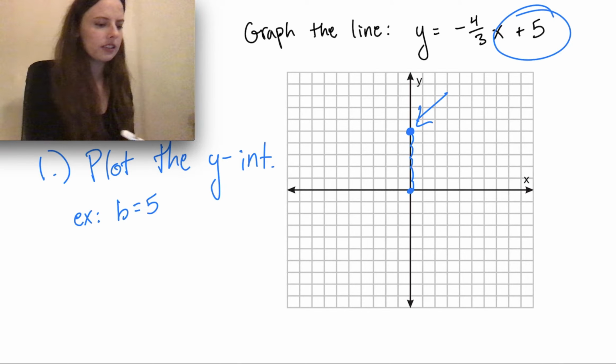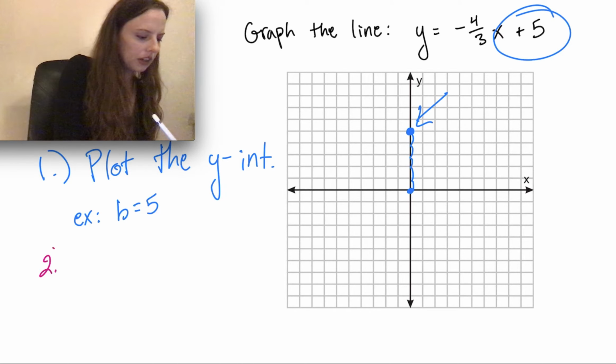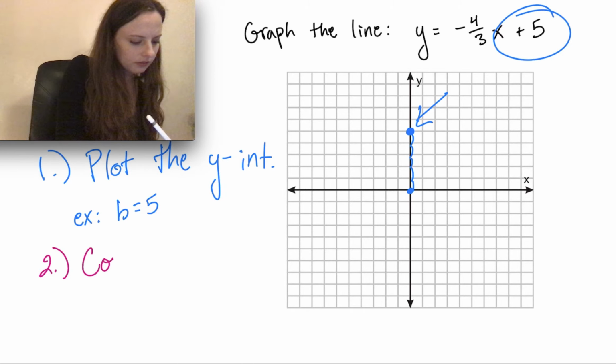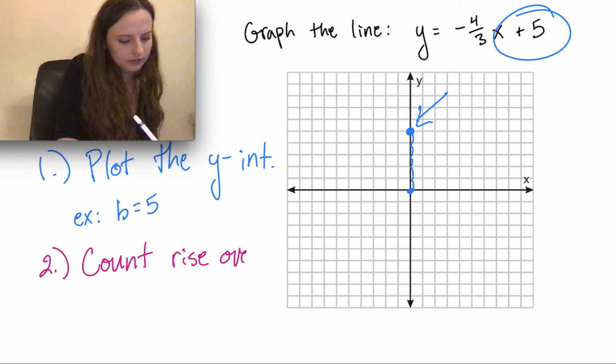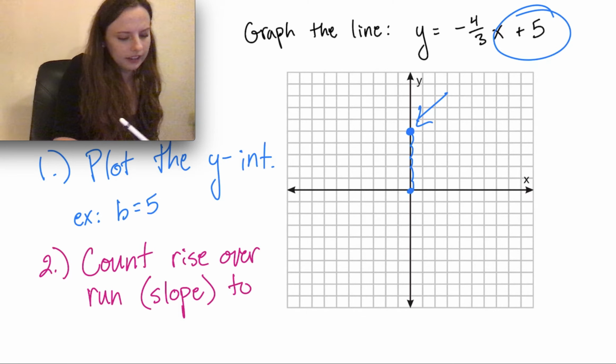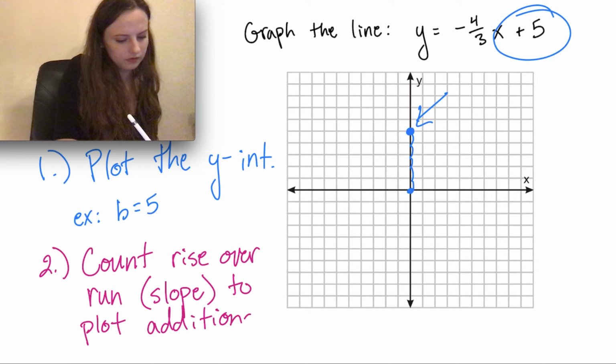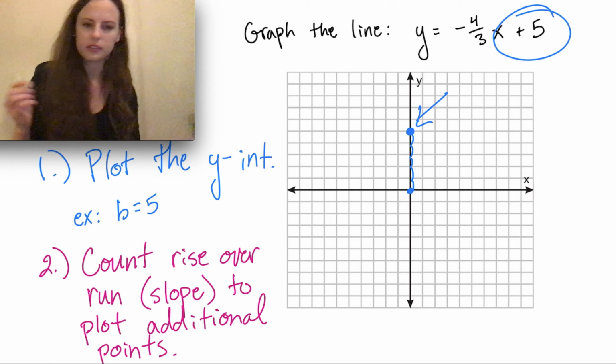And that brings us to step number 2. Count rise over run, using the slope to plot additional points. Okay, so here's what I mean.